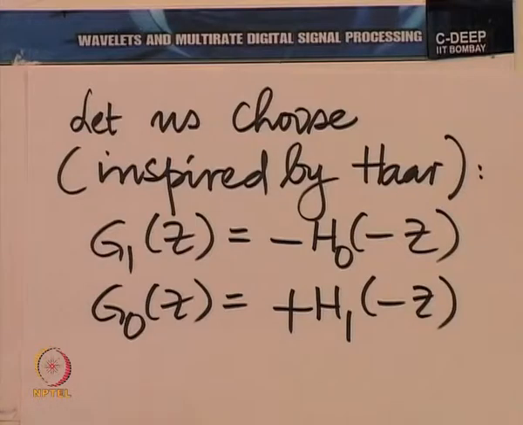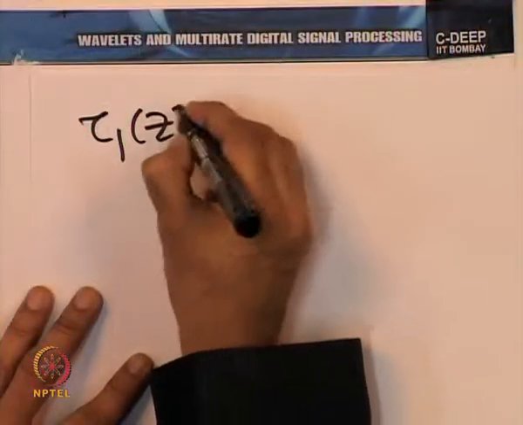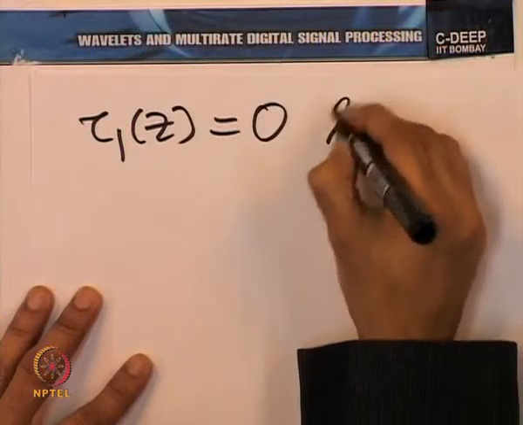Now, you know, we will keep away the factor of 2 for the moment, because after all that factor can be absorbed in the C0 that we have allowed. So, with this substitution, what do we get? The tau 1(z) is identically 0 by construction.